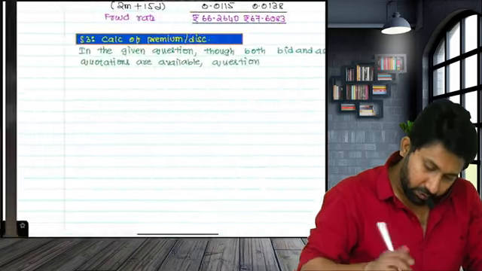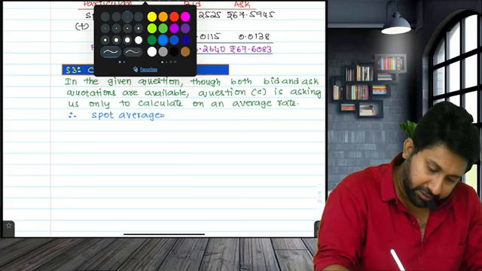Therefore, spot average equal to, what is the spot average?